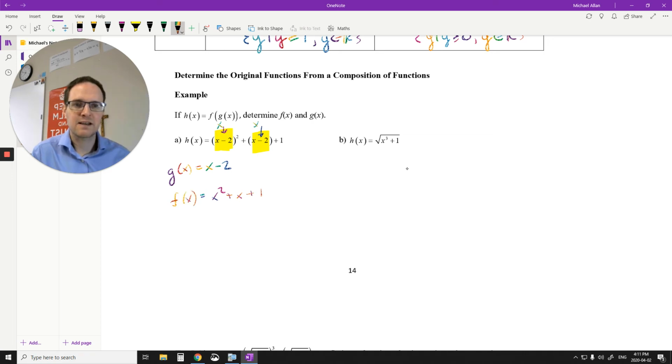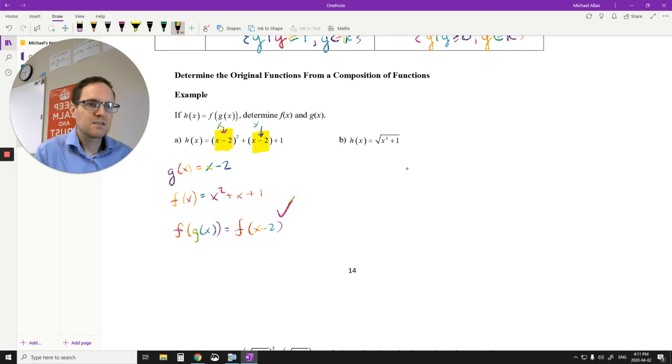Let's just say that's f of x. So now if we reverse the operation, do I get this h of x back if I do f of g of x? So if I did that, I would replace all the x's with x minus 2. Yeah, I'd get that same thing back, and that looks about right.